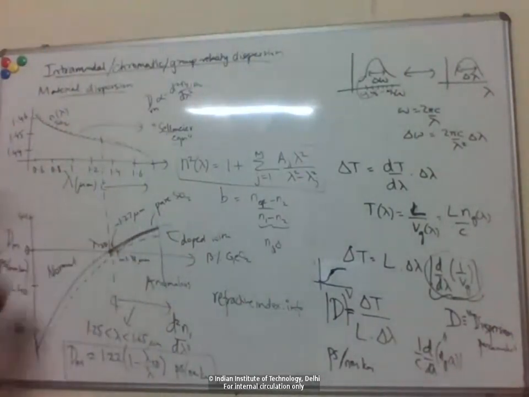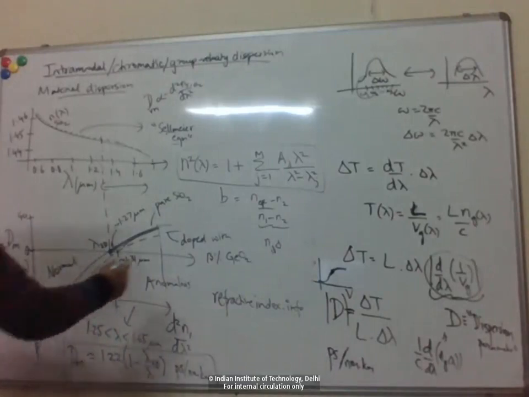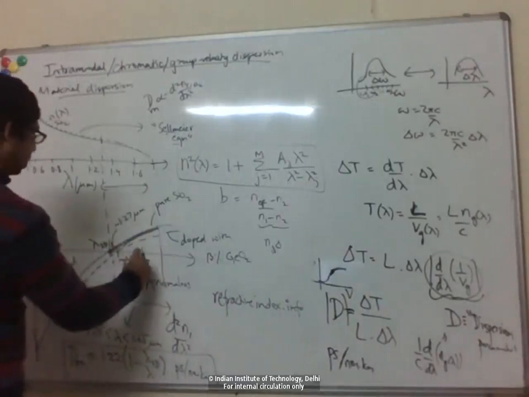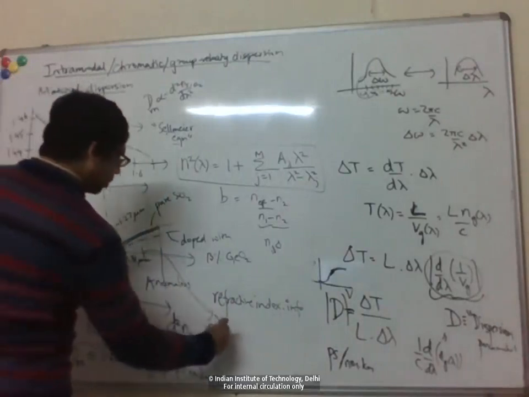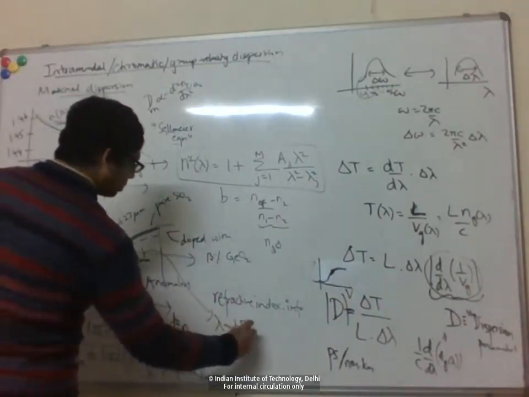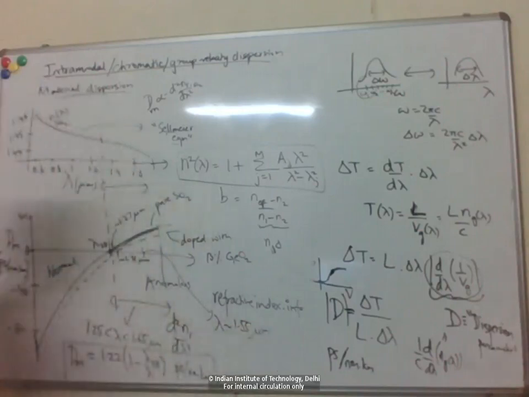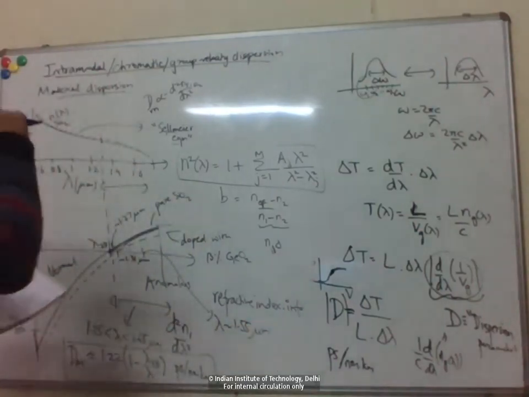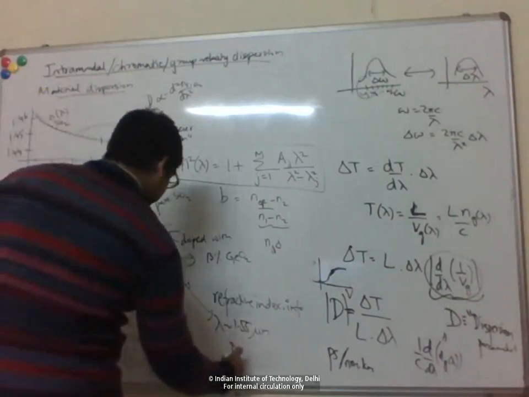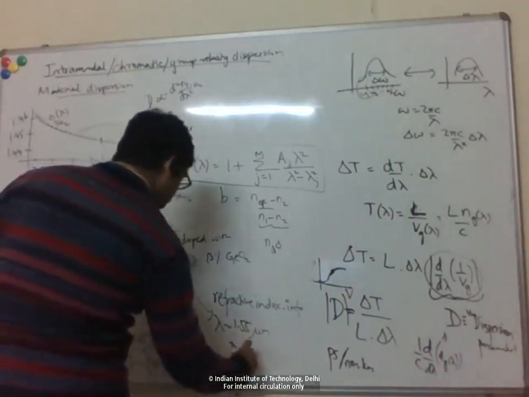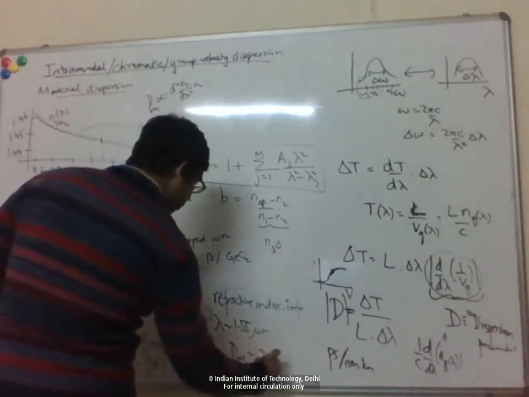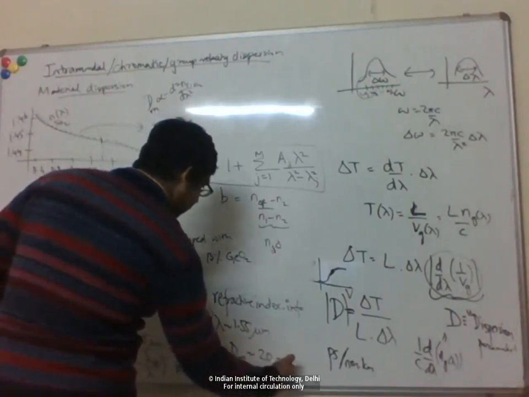At 1.55 micron, the most widely used telecom wavelength, the material dispersion is about positive 20 picoseconds per nanometer kilometer.